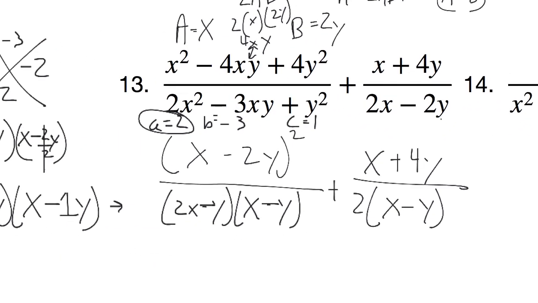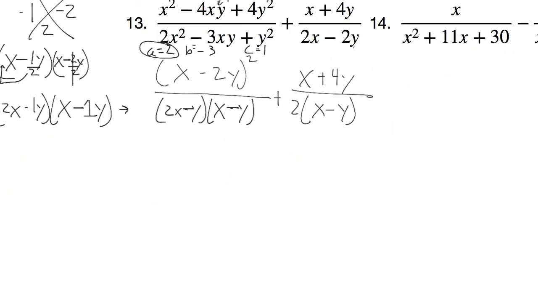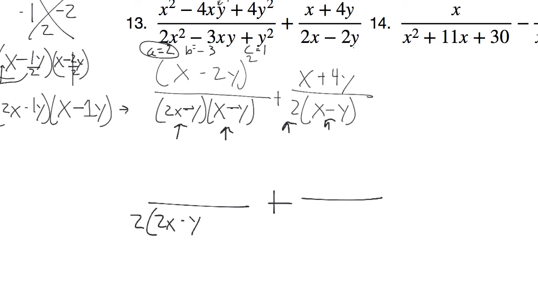So here, we have to figure out what the least common denominator would be. I think it's going to be, we have this factor, this factor, this factor, and this one, this factor is already repeated. So what we need is 2x minus y, x minus y.